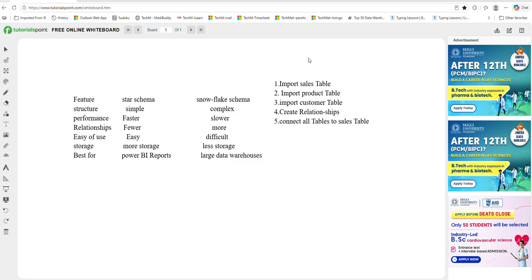Observe the star shaped structure in model view.